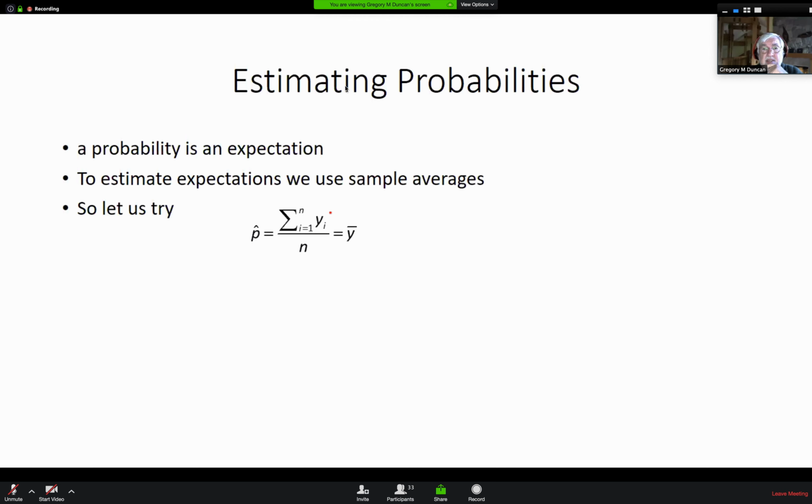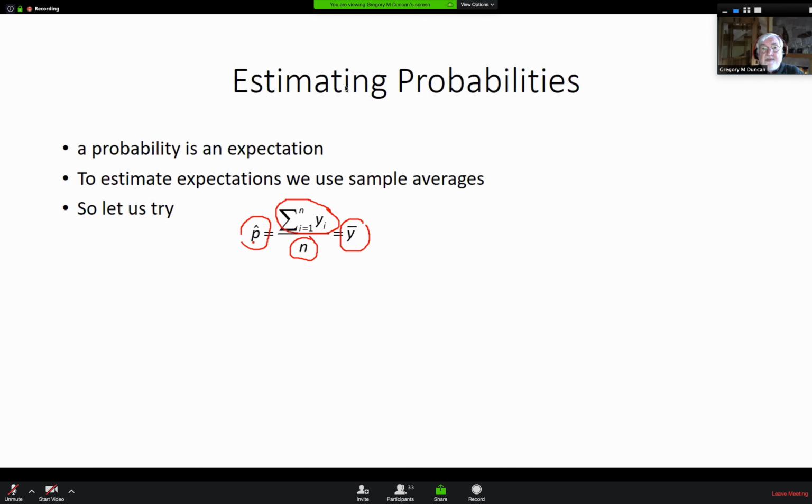Okay, let's take the number of ones, the number of people that we observed that actually bought, divided by n, and this gives us the average number of people that bought a big screen TV, and we'll say that's our guess, p hat.